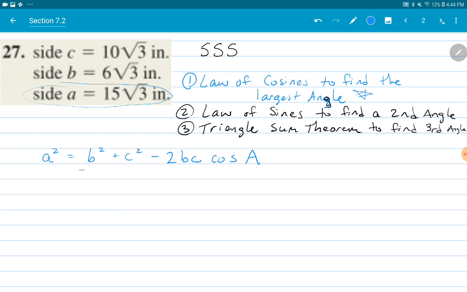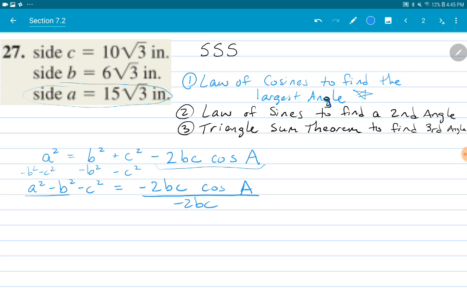subtract the B squared and the C squared. And this stuff we'll have to deal with in a different step, because that's all being multiplied together. That's one big term. So for now, all we can do is subtract B squared and C squared. And we get A squared minus B squared minus C squared equals negative 2BC cosine of A. Now to get cosine of A by itself, we're going to divide both sides by negative 2BC.